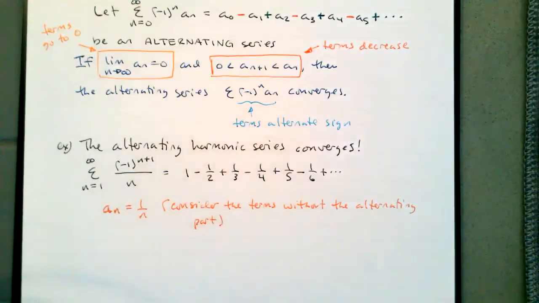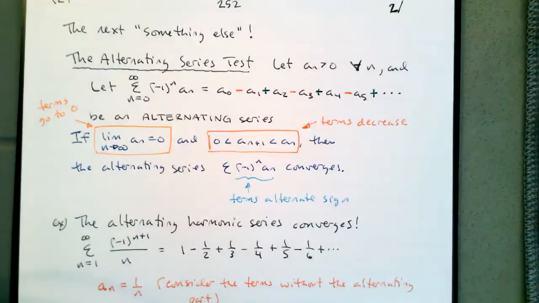When we're doing this analysis where the terms go to 0 and the terms decrease, we have to consider the terms without the alternating part. Otherwise, half the time this is going to be trivial, and the other half the time it's going to be impossible, because the signs are alternating positive and negative. Negatives are always less than positives. Positives are never less than negatives. So we just have to consider the terms without the signs.